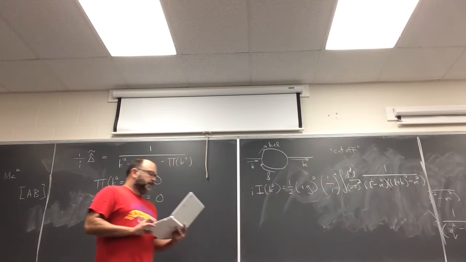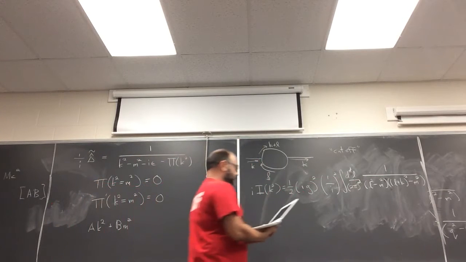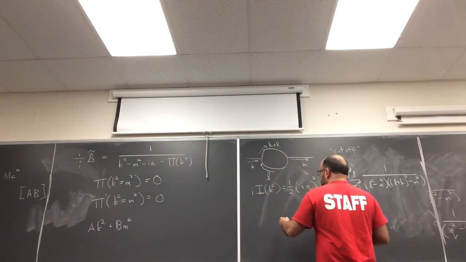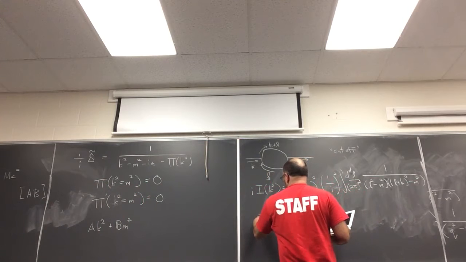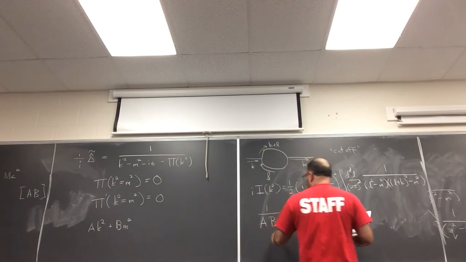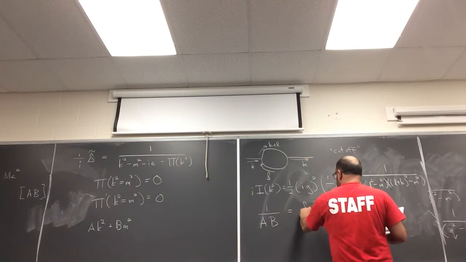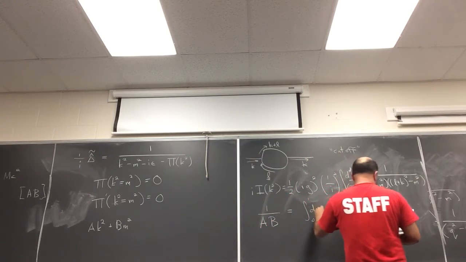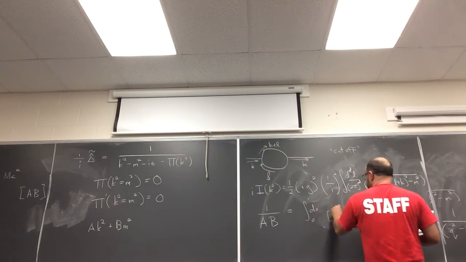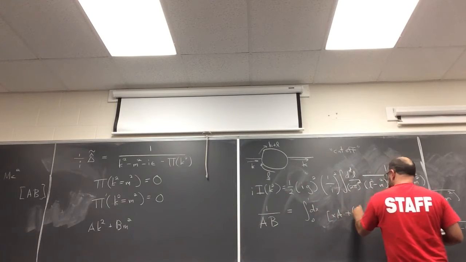The trick, I think I wrote it down last time, is that you can always write the product of denominators, A and B, like this. And normally you'd be like, why the hell am I doing that?